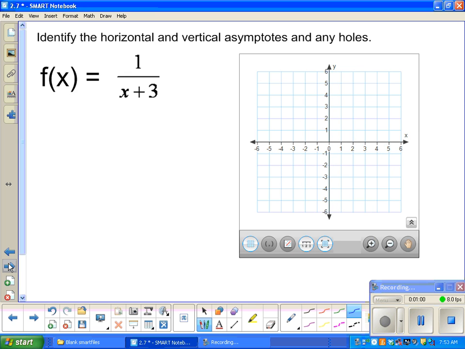Start with very basic. Our first one is the domain. It has all real numbers except x cannot equal -3. Already factored and simplified, so our vertical asymptote is at x equal -3. So let's put that on our graph.